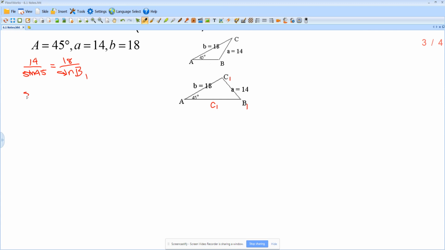Solving this, I get sine of B sub 1 is equal to 18 sine 45 over 14. And you do inverse sine. So B sub 1 equals inverse sine of 18 sine 45 over 14. And you get B sub 1 as approximately 65.386 degrees.